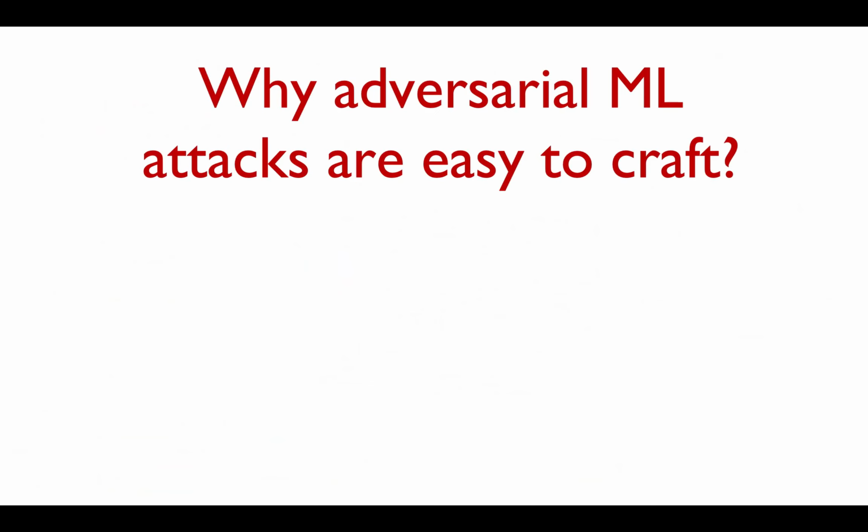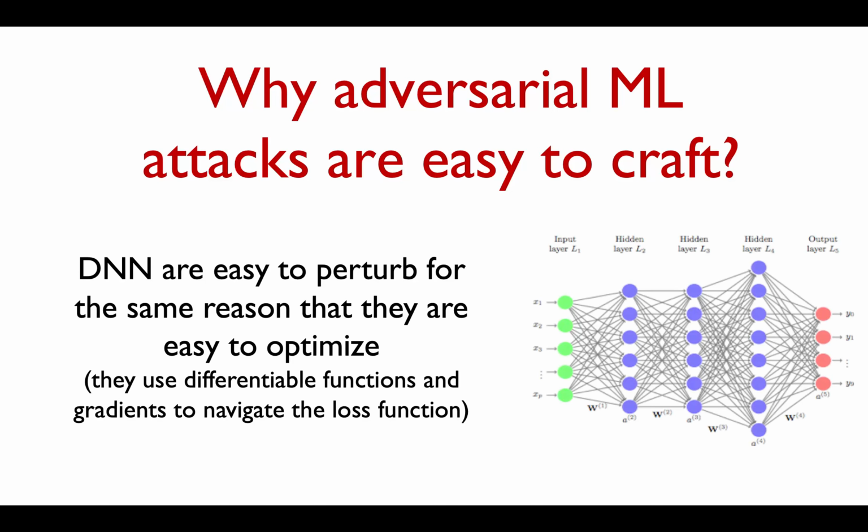So the question arises, and I hope you would already be guessing the answer to this: why are adversarial ML attacks so easy to craft? The attacks are easy to launch, or we can find the adversarial example so easily, just because we are making use of the same algorithm.